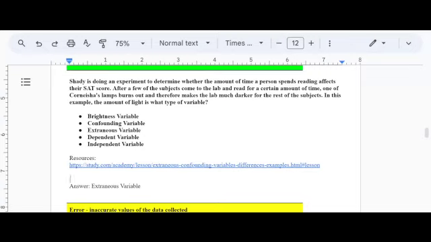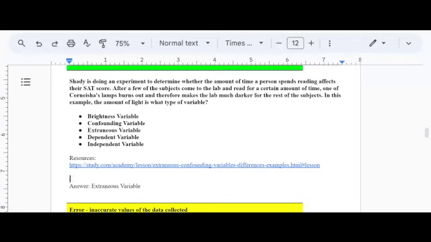Shadi is doing an experiment to determine whether the amount of time a person spends reading affects their test score. After a few of the subjects come to the lab and read for a certain amount of time, one of the lab's lamps burns out and therefore makes the lab much darker for the rest of the subjects.